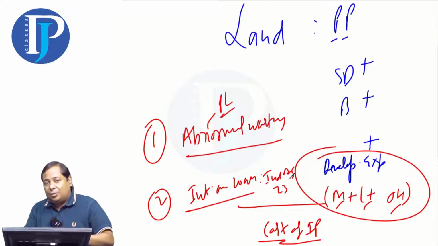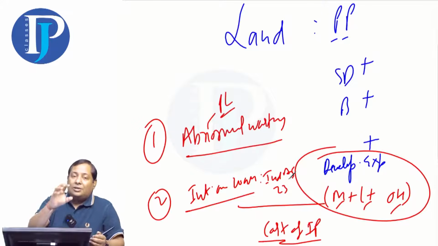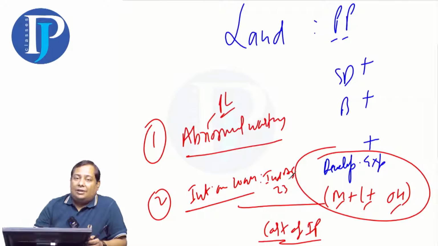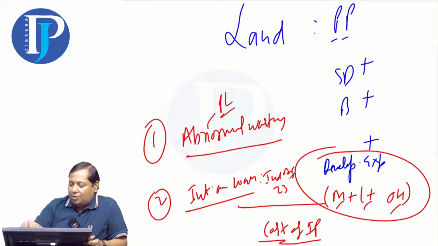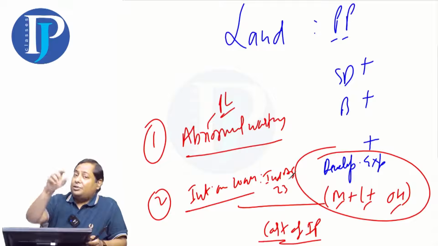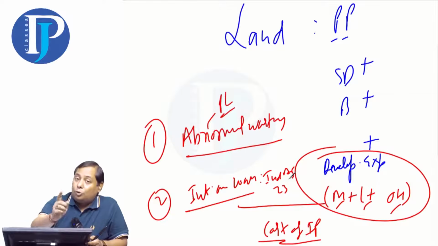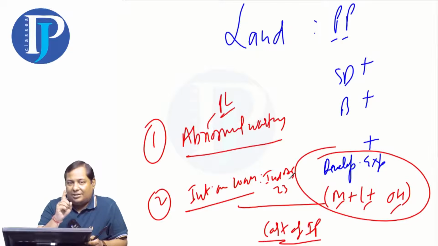It can only be capitalized on items in the WIP stage, those that take time to get ready for use. I will explain this in detail in Ind AS 23, why we don't capitalize it in purchase and why we do in WIP. For now, just understand that if you took out a loan for construction, we can capitalize its interest in construction. This point is only related to construction.